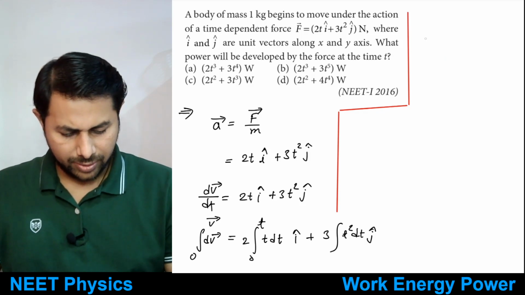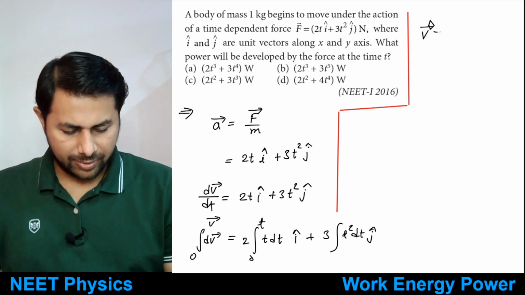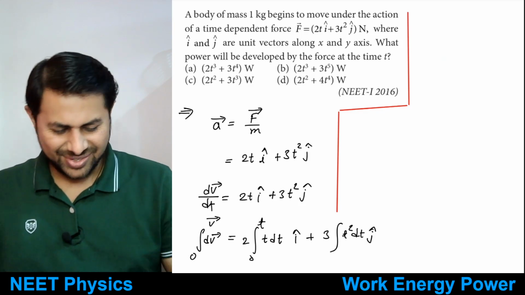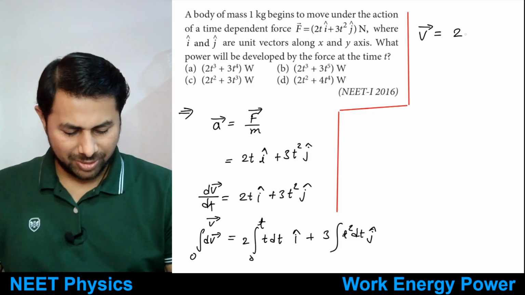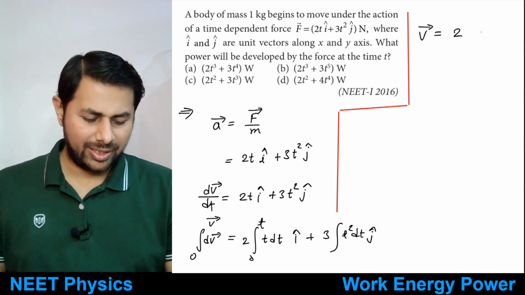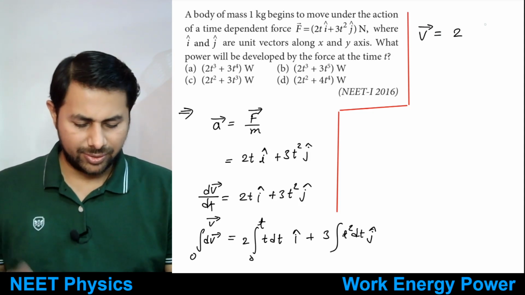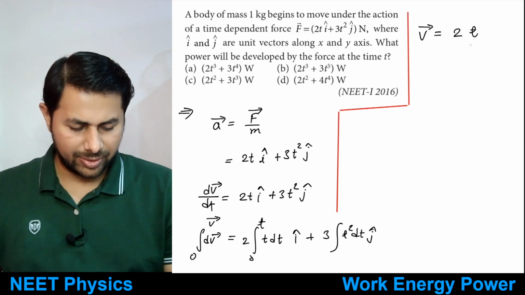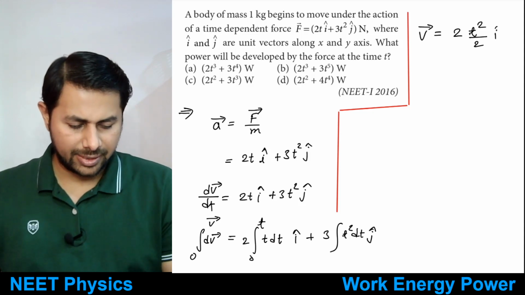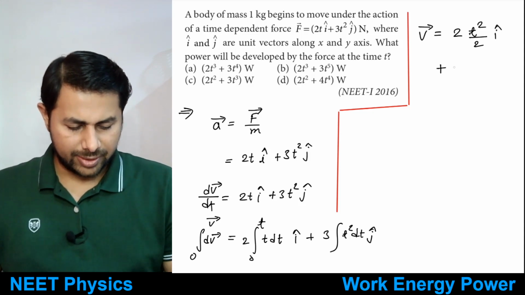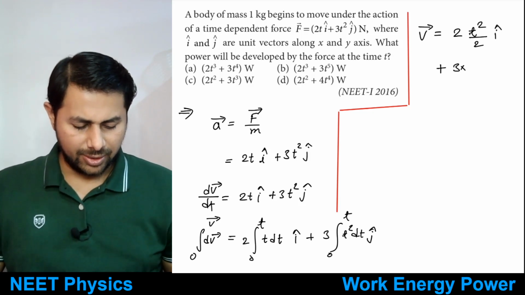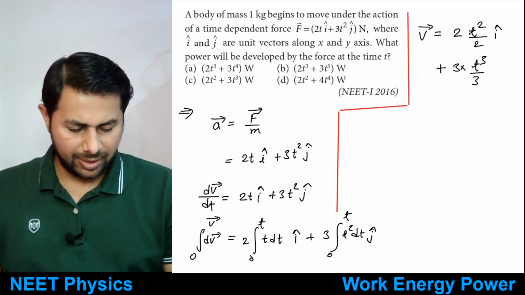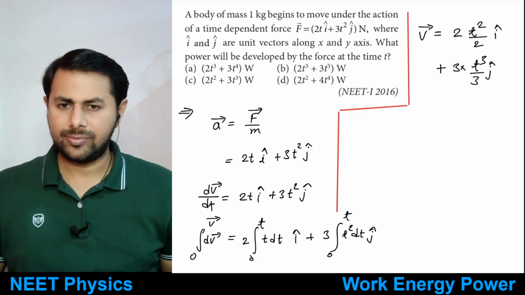So on the left hand side we'll just have v, and on the right hand side, 2 times the integration of t is t square by 2. The lower limit is 0, so just take the upper limit only, so it's t square by 2, the 2 will get cancelled, times i cap, plus you have 3 multiplied by, again the lower limit is 0, t cube by 3 times j cap, right?